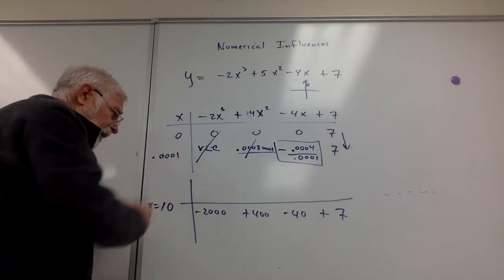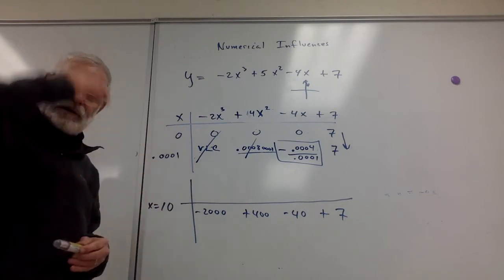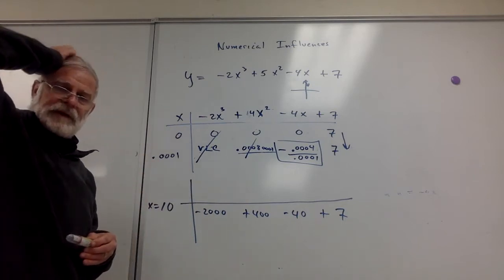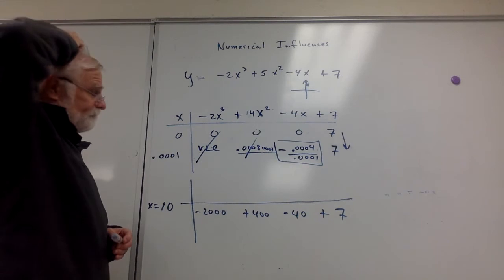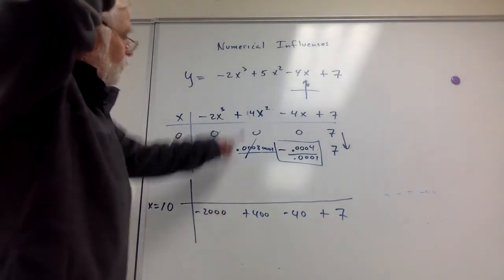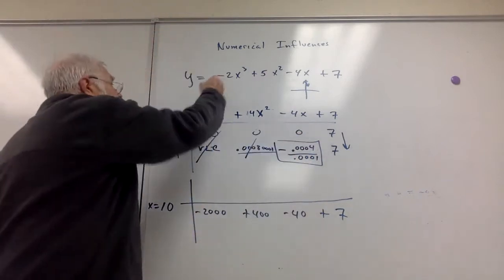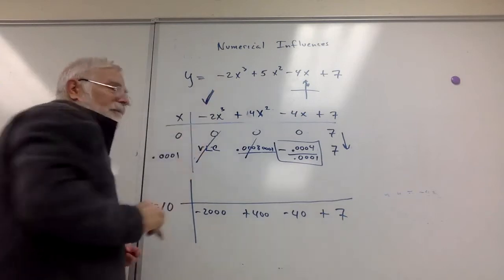Now, as we move away from x equals 0, as numbers get bigger, we'll go in the positive direction. It's easier to calculate positively than negatively, I think. We go to the number 10. You got -2,000, you got a 400, you got a -40, and you got a 7. This obviously is dictating the end behavior.